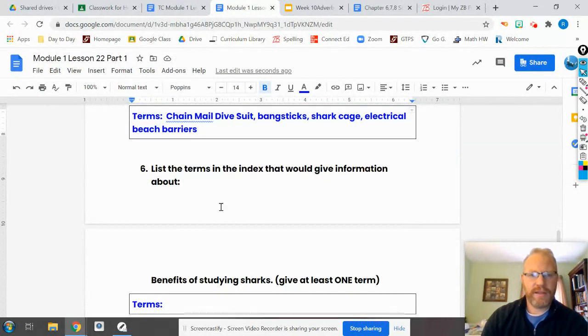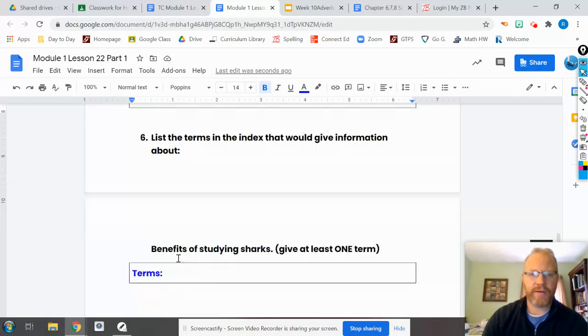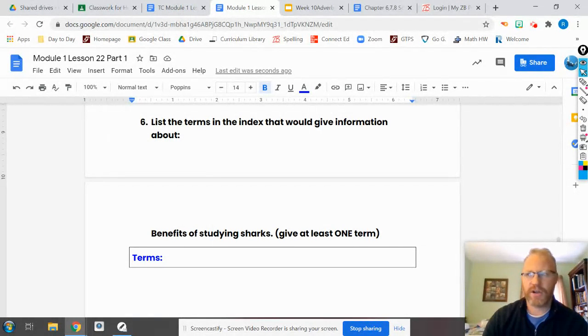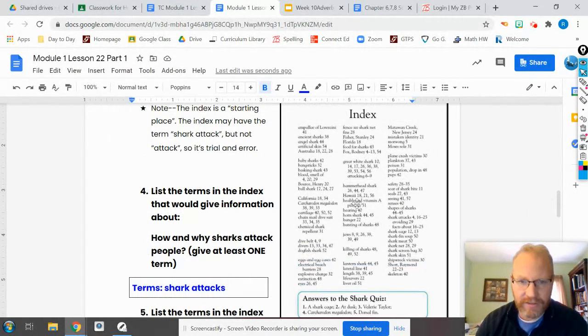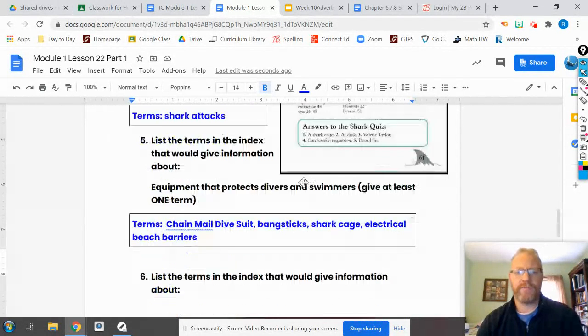Let's move on. List the terms in the index that would give information about benefits of studying sharks. So benefits of studying sharks, let's look to see if there's information about benefits of studying sharks. So I'm going through and I'm looking at different things, and I want to see, okay, I see one here. Remember yesterday we talked about artificial skin for burn victims.